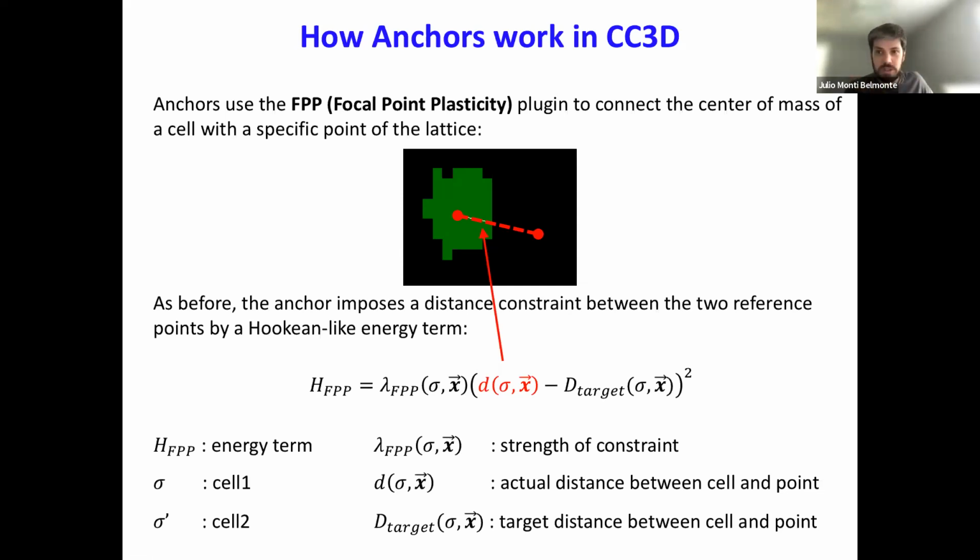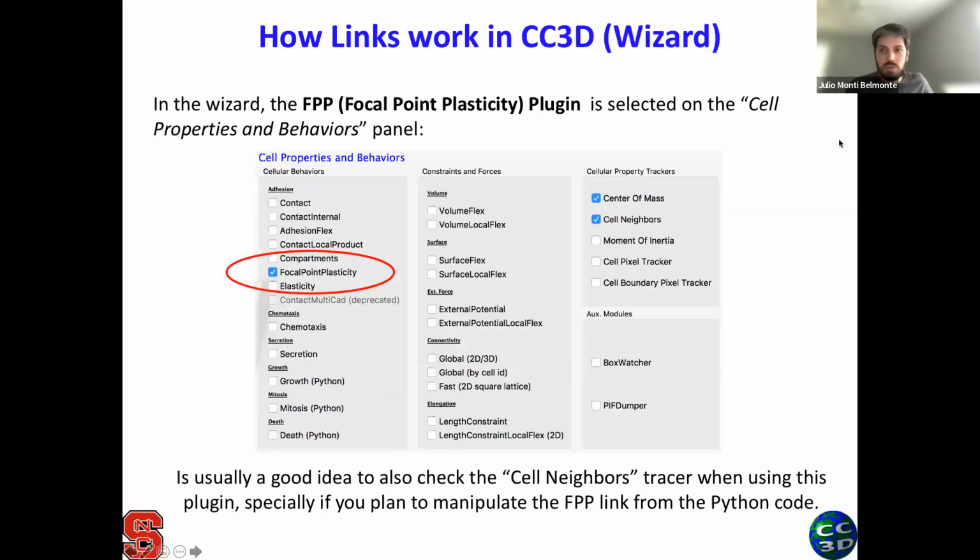And when you want to use this one, in the wizard, you still have to go through the same steps. You select all the things that you would normally select, and you have to select focal point plasticity. By default, the wizard will place all the possible pairs of links between cells of different types and some between many types.